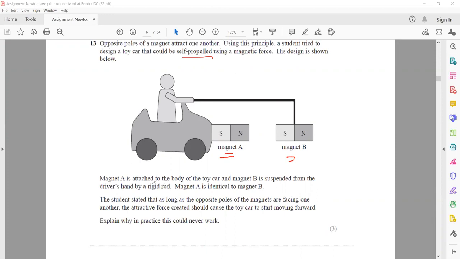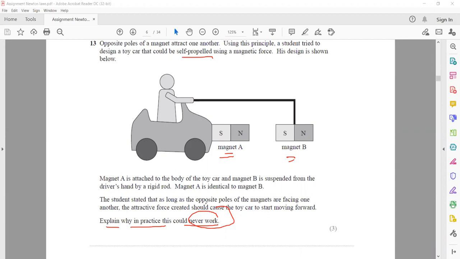Magnet A is attached to the body of the toy car, and magnet B is suspended from the driver's hand on a rigid rod, and magnet A is identical to magnet B. The student stated that as long as the opposite poles of the magnets are facing, the attractive force causes a force on the toy car and it starts to move. Explain why in practice this could never work.